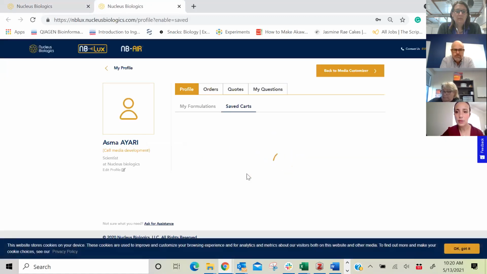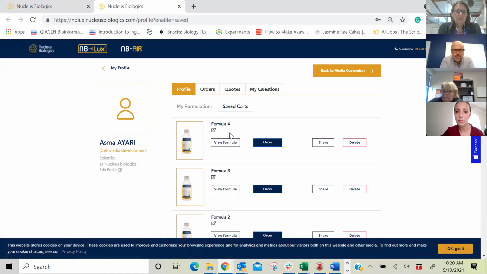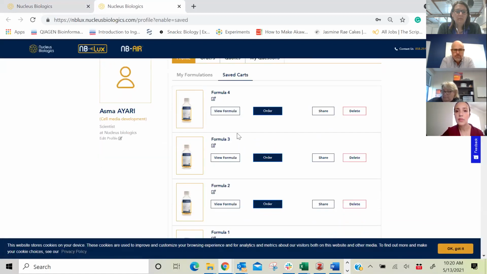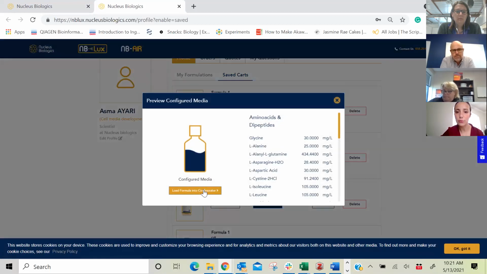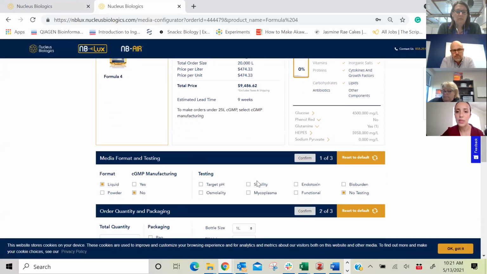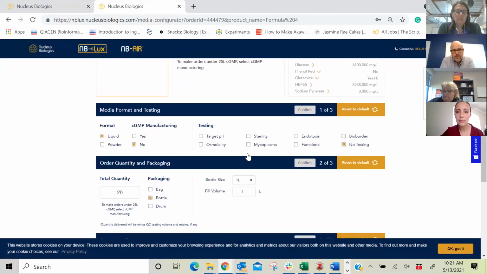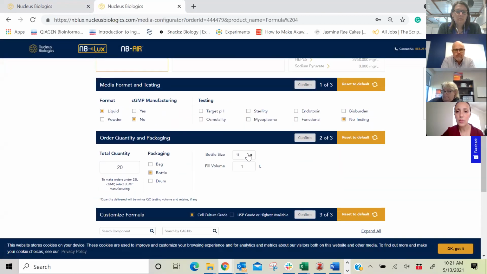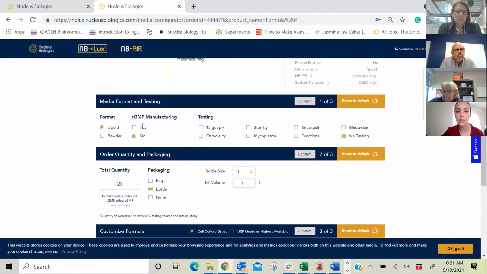All right, so here I'm on my account where I have all my formula saved. So if I go on one formula and hit view formula and then load the formula into the configurator, you can see here that I have some boxes to check. So the first one will allow me to select what type of media I want, if I want it liquid or powder.